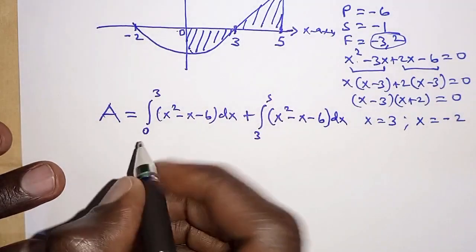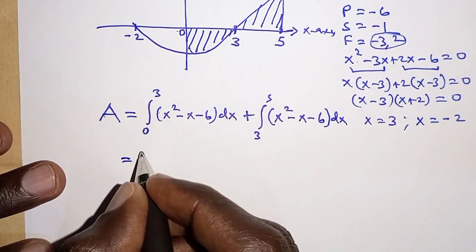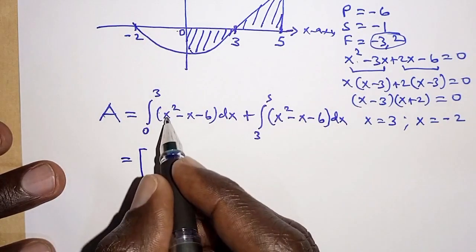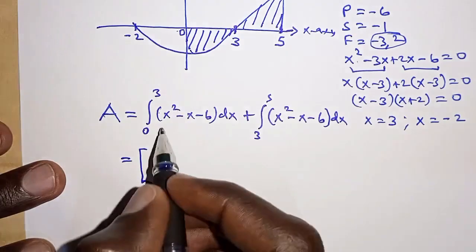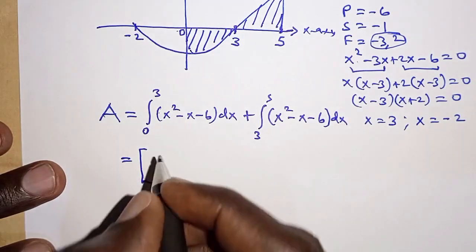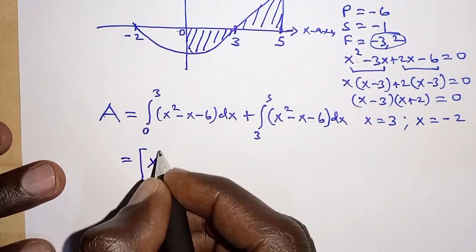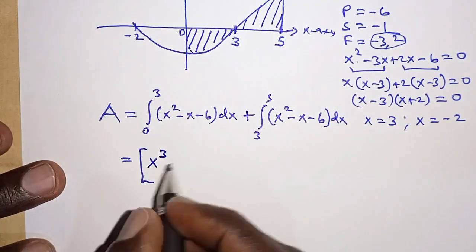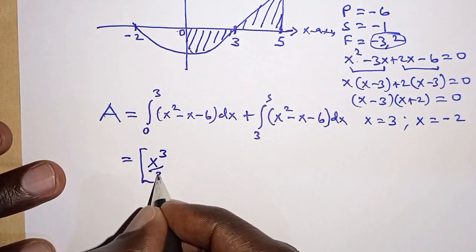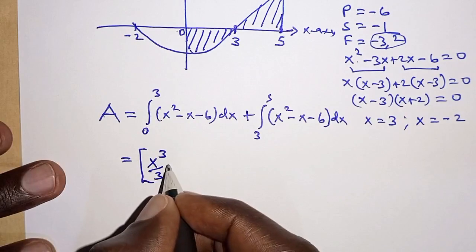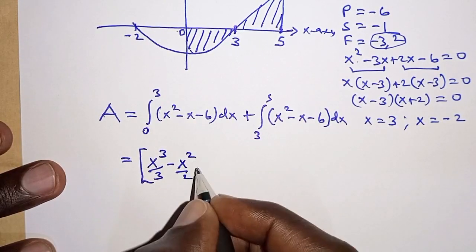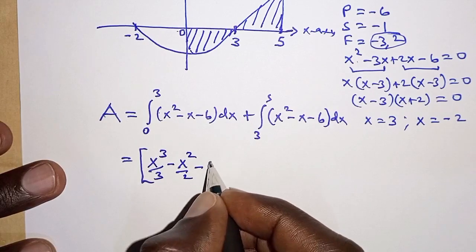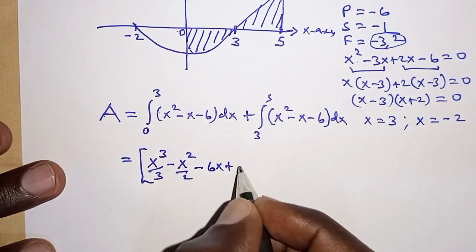Now for this first part, integrating, we have to add 1 to the power and divide by that power. So we have x power 3, that is 2 plus 1, and then divide by the same power 3. The same applies here, minus x power 2 over 2, and then here minus 6x plus c.